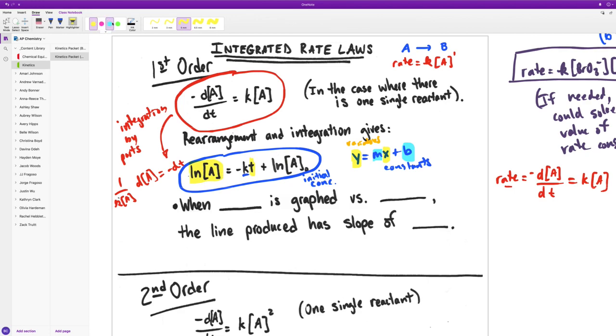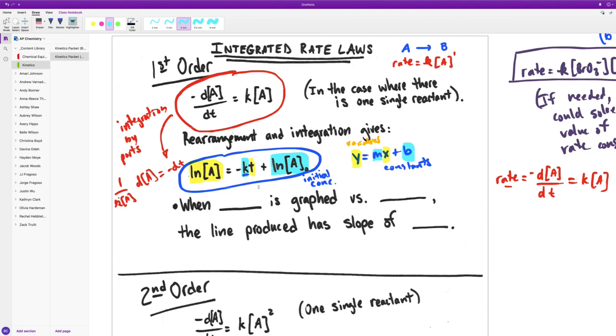Okay, so at the end of the day, we've got two constants, the rate constant k and the natural logarithm of the initial concentration, and we have two variables: time, which is changing as the reaction progresses, and the concentration of A, along with the natural logarithm of the concentration of A, is changing. Okay, so this is a line.